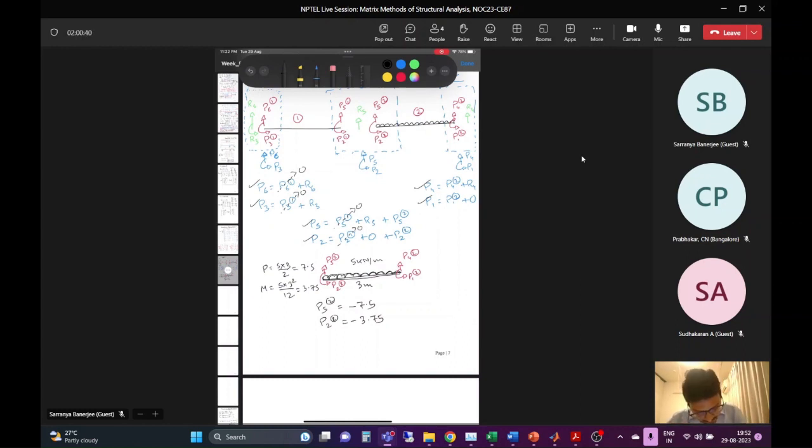Anyways, moving on. Now P4 of 2 would again be minus 7.5 because the loads at the two joints would be downwards, and P1 of 2 would be plus 3.75 because the moments would be like this, so it is already anti-clockwise in the right hand side joint.